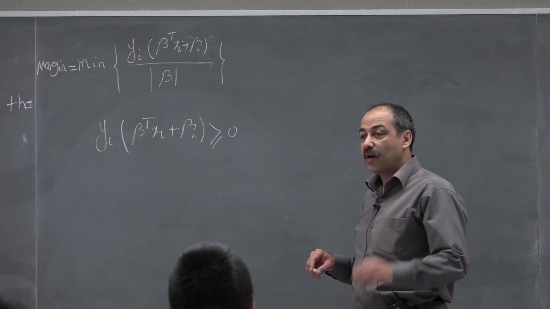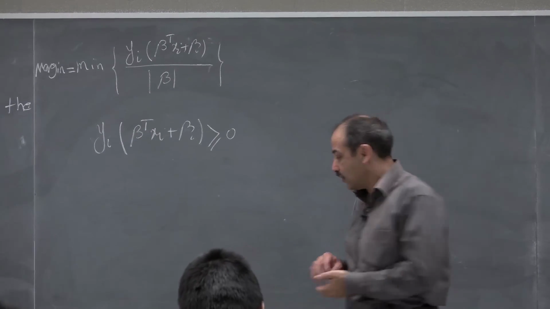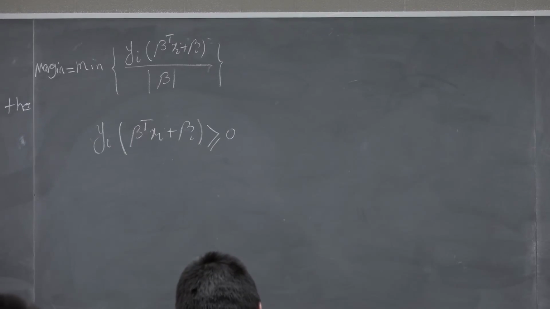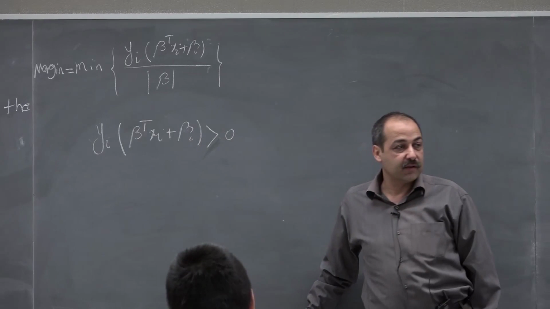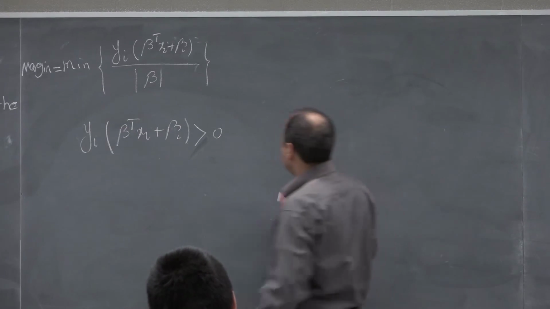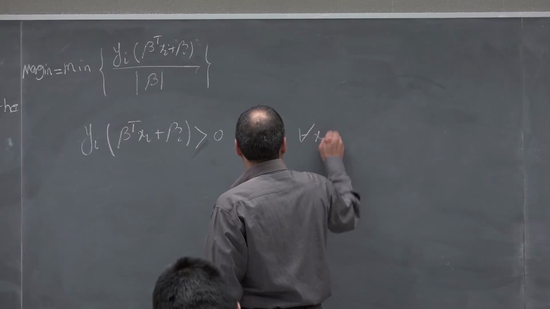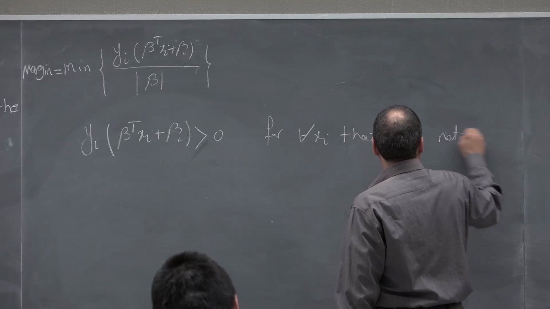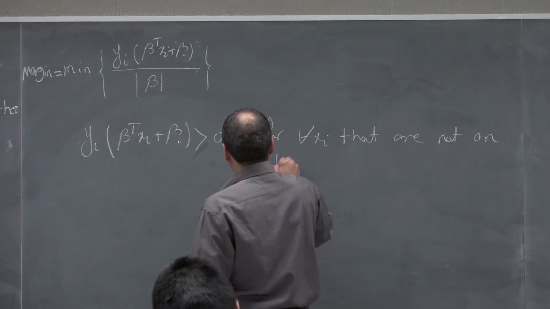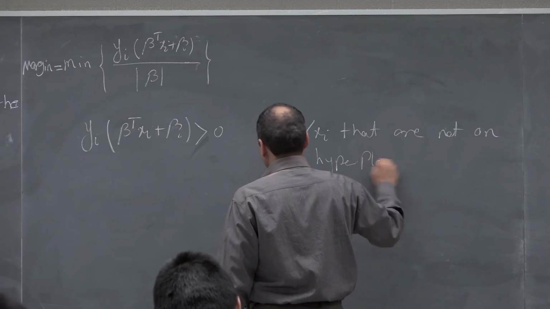For points that are not on the decision boundary, it's always greater than 0. So that's for all xi that are not on the hyperplane.